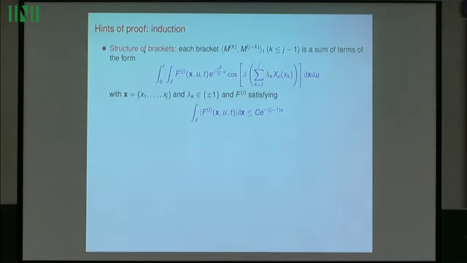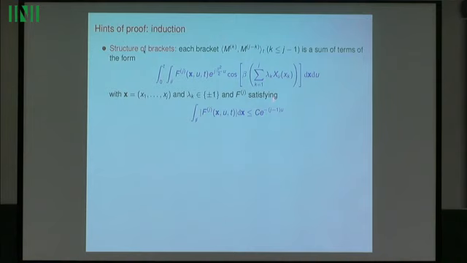Okay. So the thing is that you can actually find a form for this bracket. If you compute the brackets of two martingales whose indexes sum up to j, actually you can see that this bracket takes this form. Here you have a cosine. This is a sum.